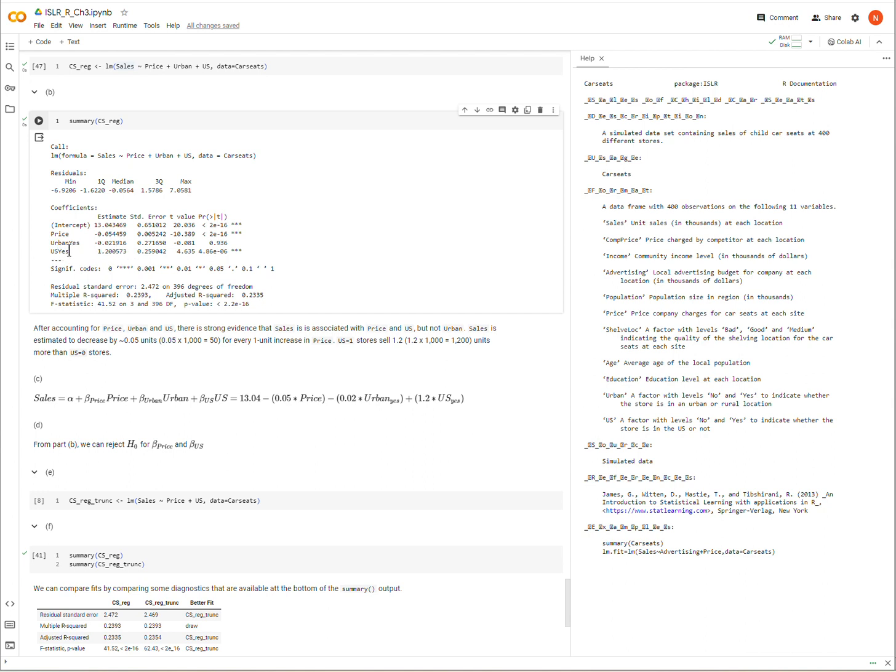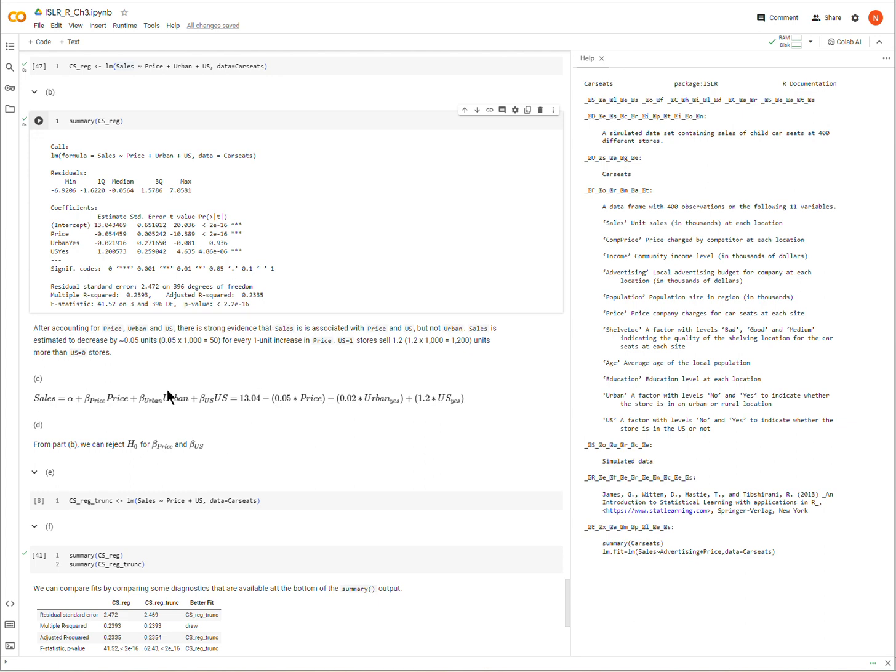It would be a different estimate for no. Actually, it would be 0; there would be no estimate for no. But anyway, it says that if a store is in the US, all else being equal, our regression predicts 1.2 more units to be sold. So that would be 1,200 more car seats sold.